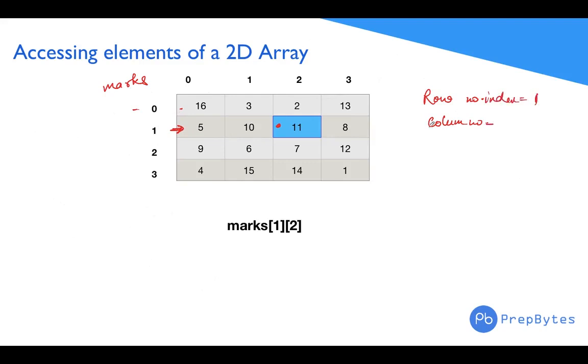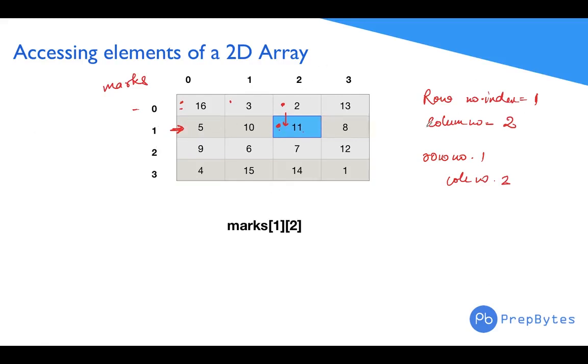Now let's see what the column index is. We'll start counting from the beginning: 0, 1, 2. So this is column number 2. So this element is at row number 1 and column number 2.